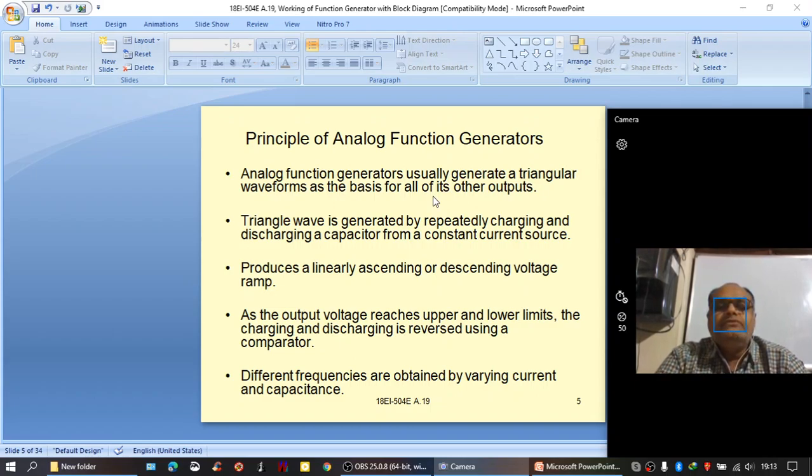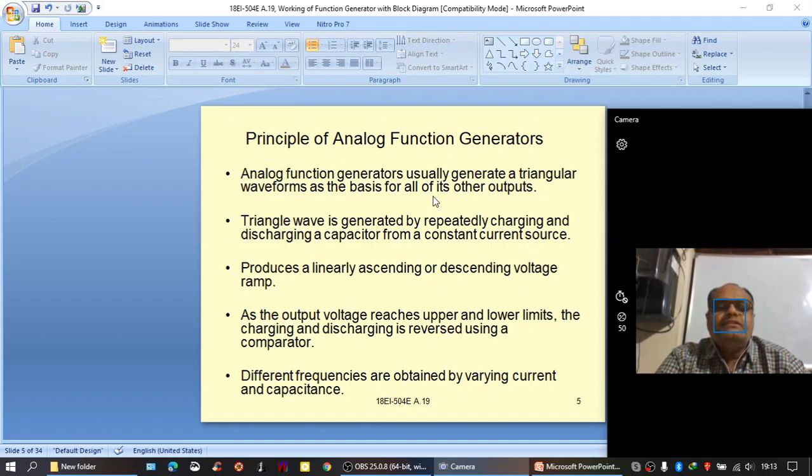This triangular wave is generated by repeatedly charging and discharging a capacitor from a constant current source, and it produces a linearly ascending or descending voltage ramp.